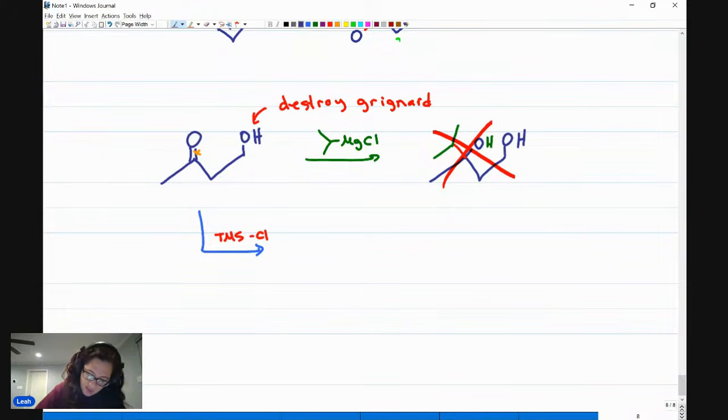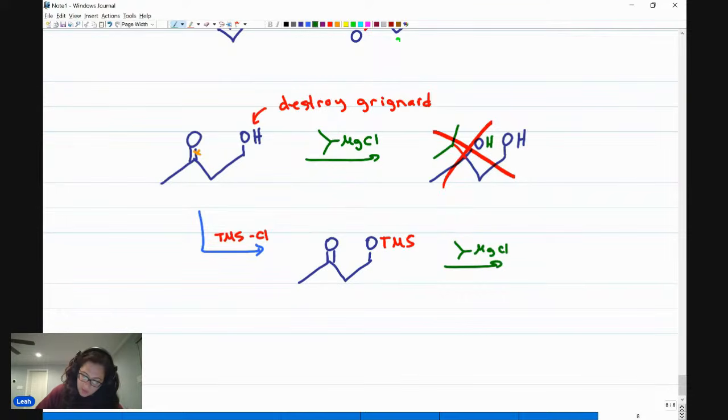Same exact thing is happening here. The carbonyl is untouched, but the alcohol is no longer an alcohol, it is now an ether bound to TMS. The Grignard will not attack the ether.